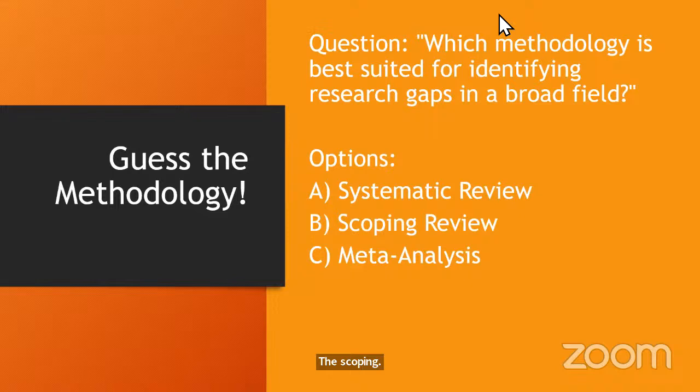You could even look at gray literature as well. But in systematic reviews, the included studies might not include gray literature because you have to look at papers that have been published in peer-reviewed journals, unlike scoping review, where you can go beyond that just to come up with some research gaps.